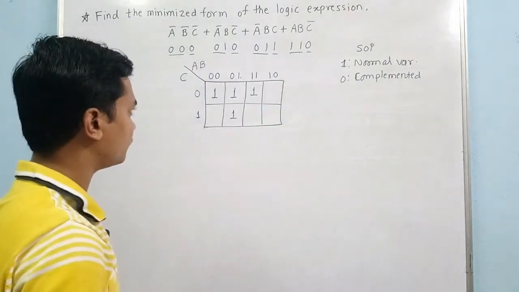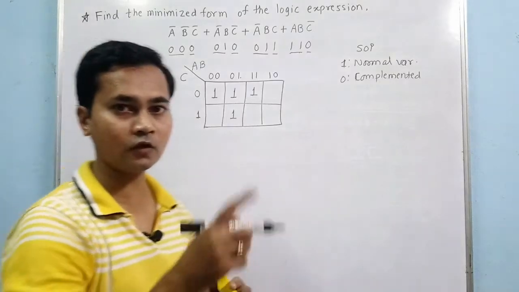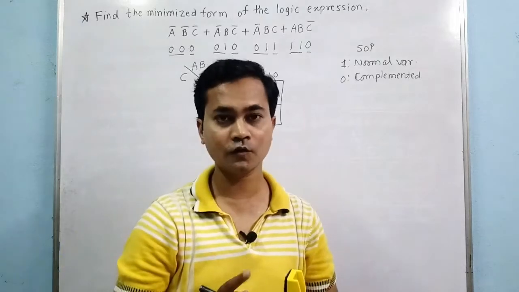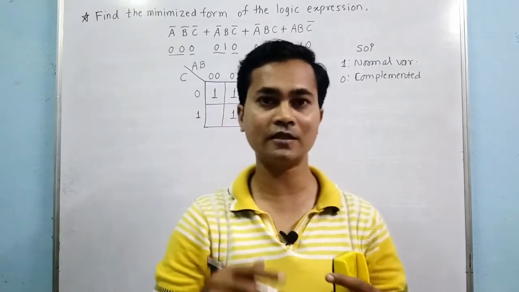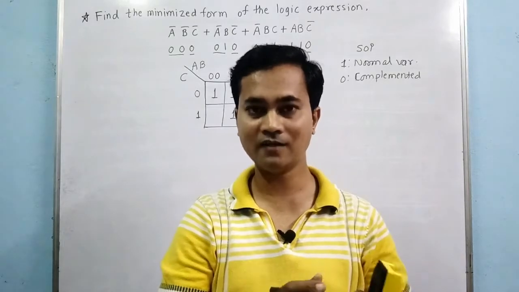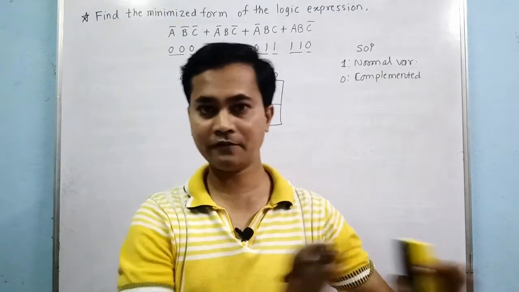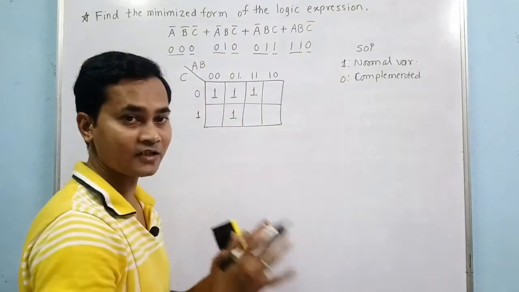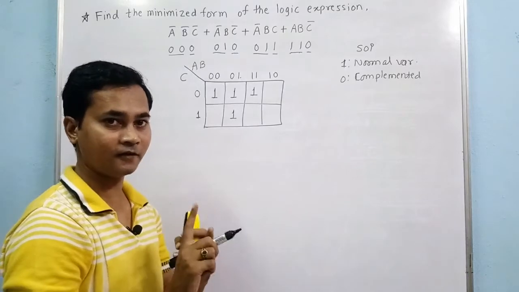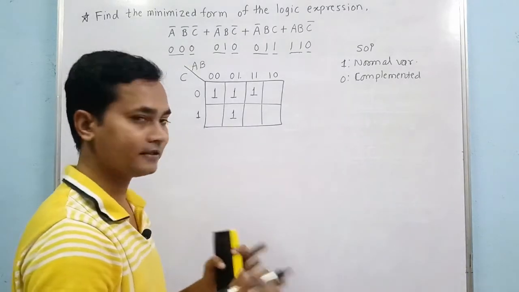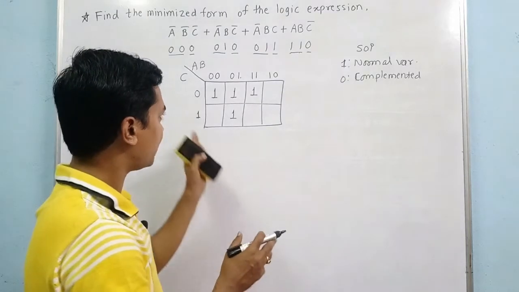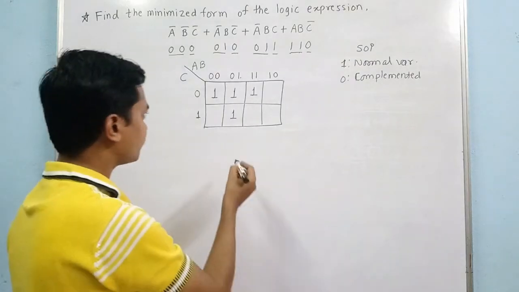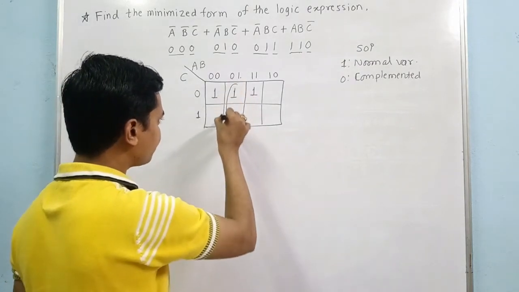Now the next step is to form the groups. Groups should be formed in multiples of 2 raised to n: 2 raised to 0, 2 raised to 1, 2 raised to 2, 2 raised to 3, that is 1, 2, 4, 8. We have to form the groups as large as possible. This is the first rule that we have seen. The second is that our K-map should have as few groups as possible.